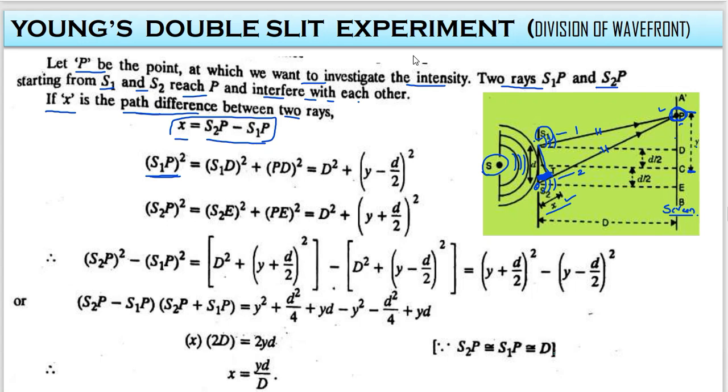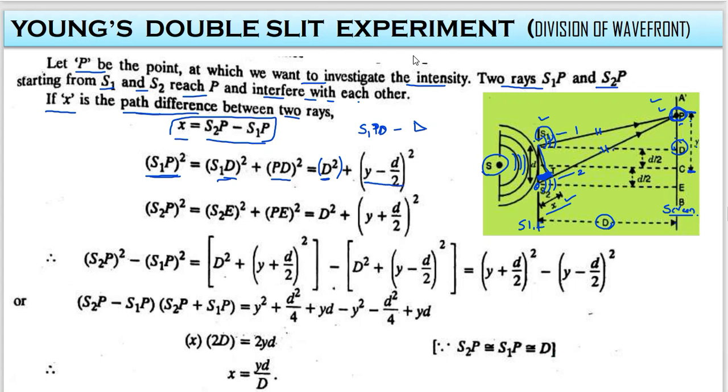Look at the figure: this is S1, this is P. S1P square equals S1D square plus PD square, because S1PD is a right angle triangle, where hypotenuse square equals perpendicular square plus base square. S1D equals D, because this is the slit and this is the screen, so the distance between slit and screen is capital D. So that will be D square plus (y minus d by 2) whole square.